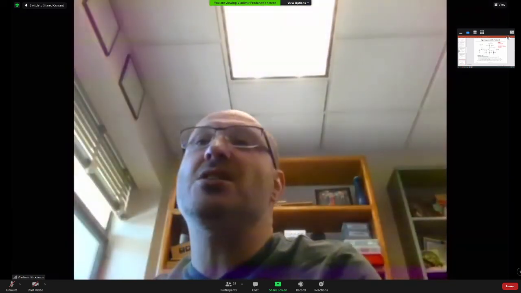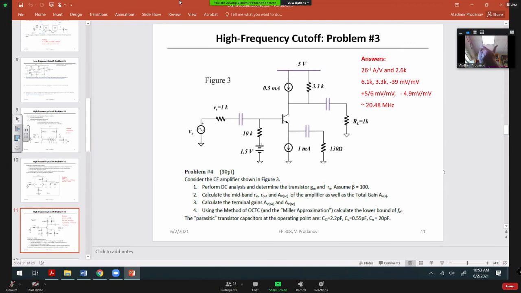So in a circuit like this, and this is unavoidable, C-mu and C-pi come through nature, CCI comes through implementation. So if you have an NPN, you will have three capacitances.